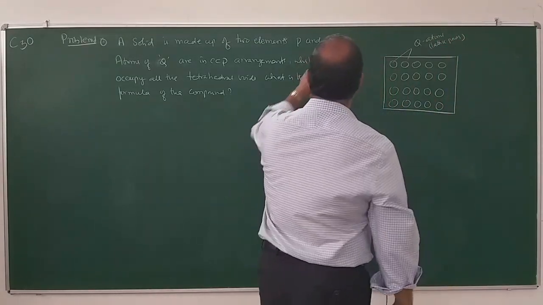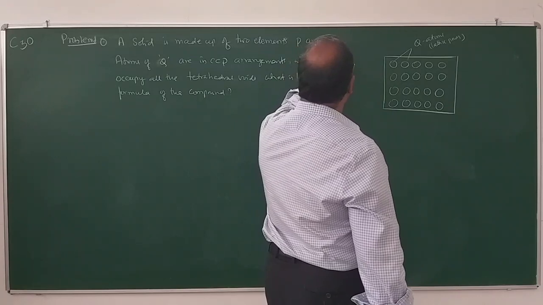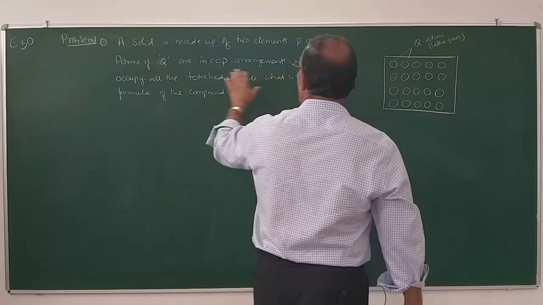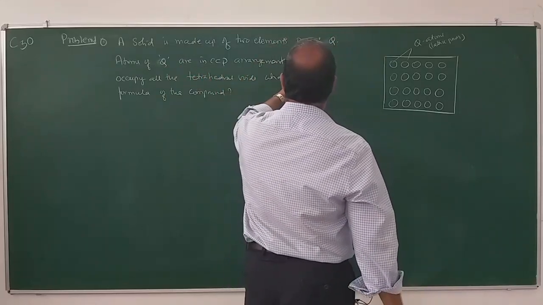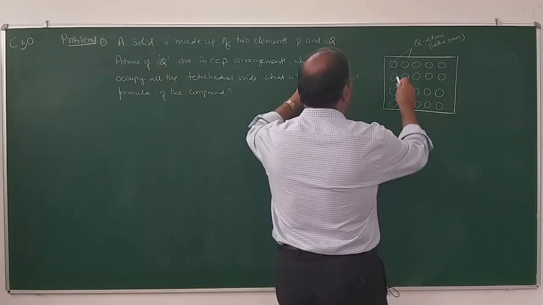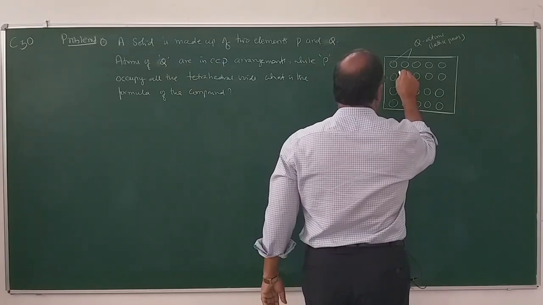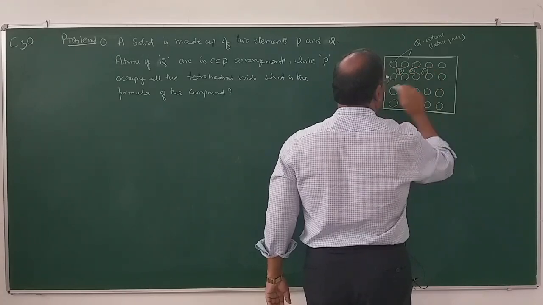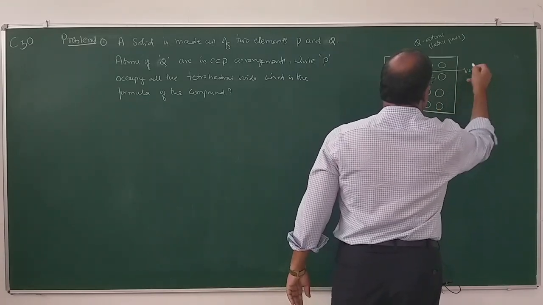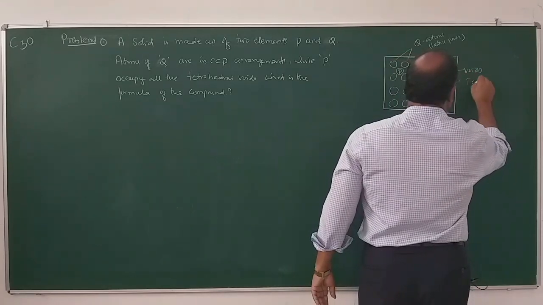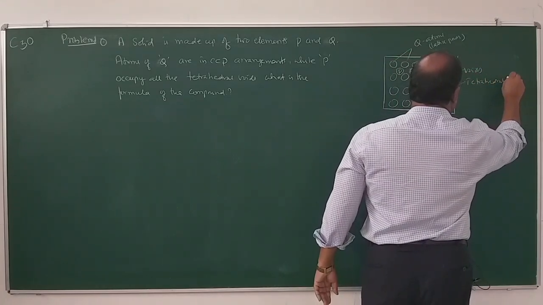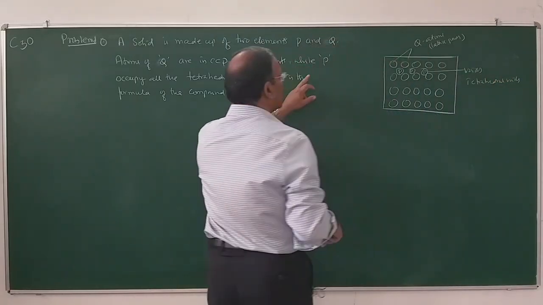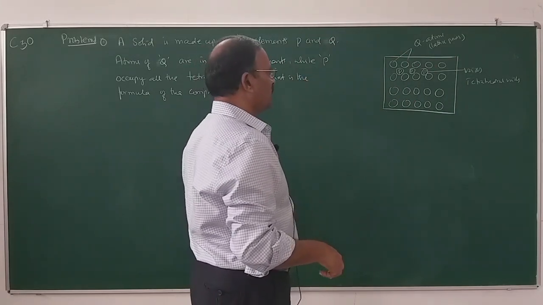So atoms of Q are anions. They are bigger in size. They form lattice points, whereas atoms of P occupy voids. Which voids? They are in tetrahedral voids. All the tetrahedral voids are filled by the atoms of P.